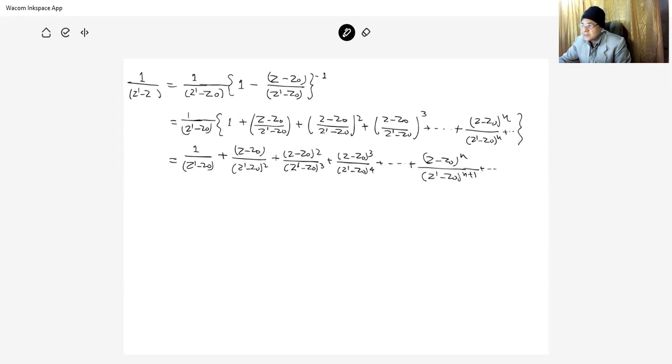Similarly in the other terms, this is 1 upon z' minus z.